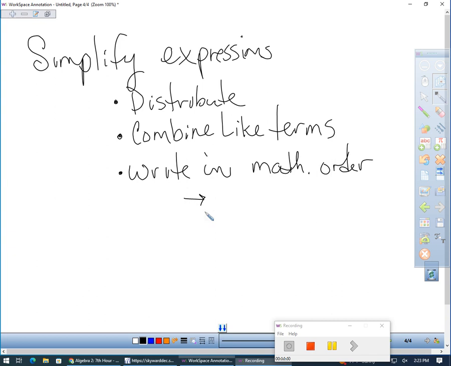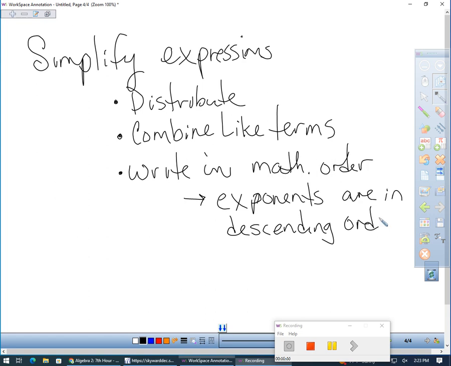With the highest exponent. There we go. So when you write them and they're all the same variable, your exponents. And if they're not the same variable, it's the variable that comes first in alphabet. Yes. So the exponents are in descending order. And if there are more than one variable, it is alphabetical.